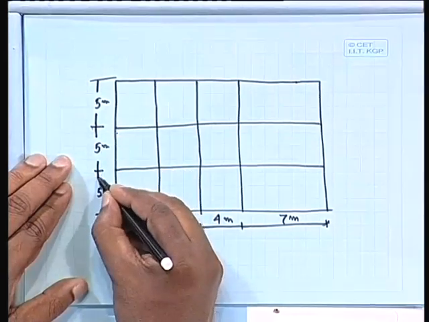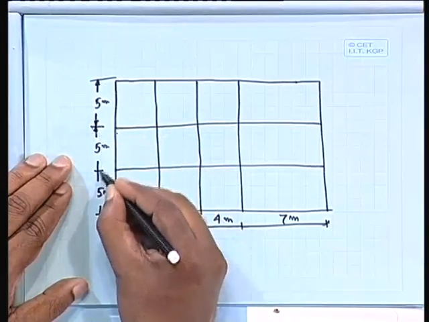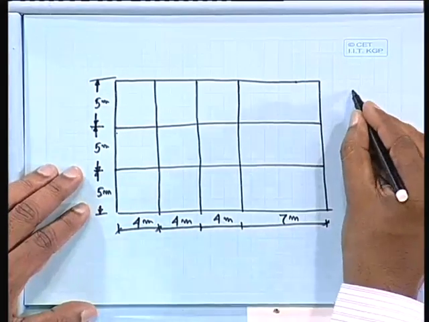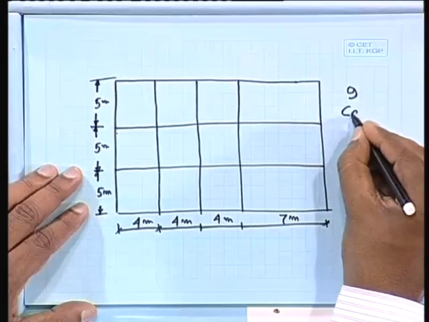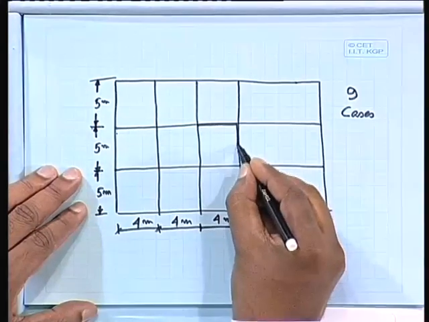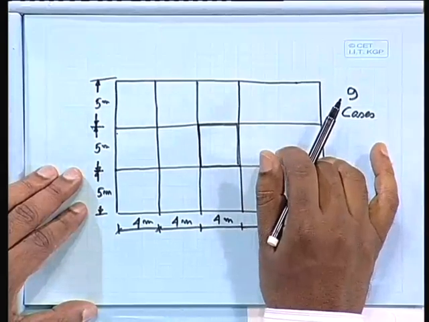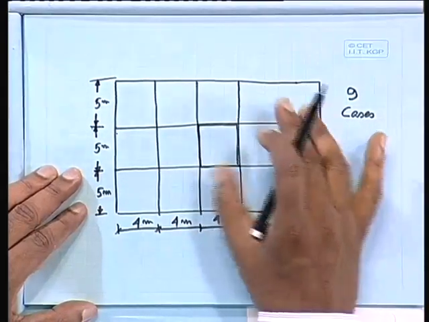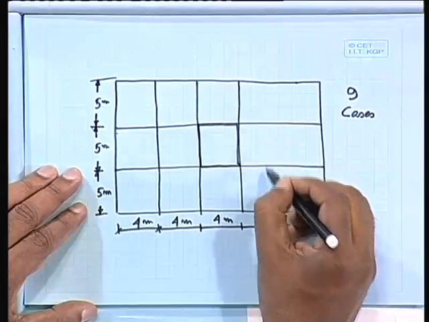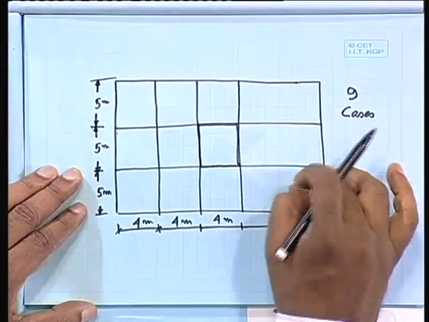Our code says that we can have 9 different cases according to the panel, depending on the edge boundary. If you take this panel, these are separated by beams, or in other words the slab is supported over beams, and each of these is called a panel, and you have to design each separately.